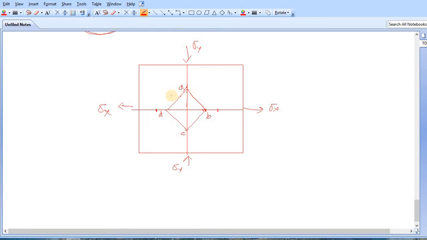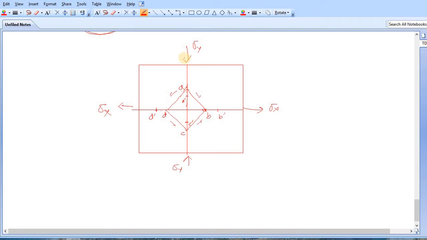Okay, now after application of this pure shear stress, you know what has happened, it has changed its shape. Now due to this resultant tensile stress, B has come to B dash, D has come to, let's say initially D was here, now it has come to this point, and due to the resultant compression, A has come down to this point, this is A dash, and C has gone up to this point, this is your C dash.